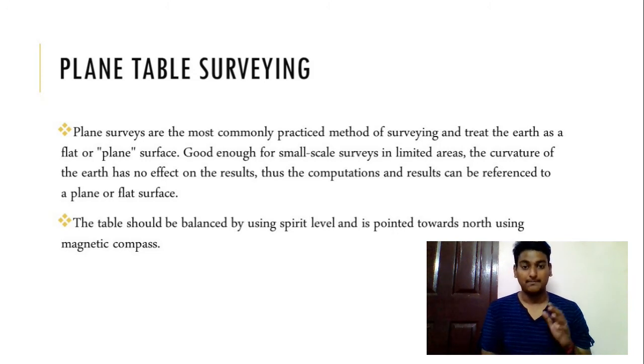The table should be balanced by using a spirit level and is pointed towards the north using a magnetic compass, so no confusion can be made while processing. As I said before, leveling matters a lot, so that's why we use a spirit level to level the table on the ground.